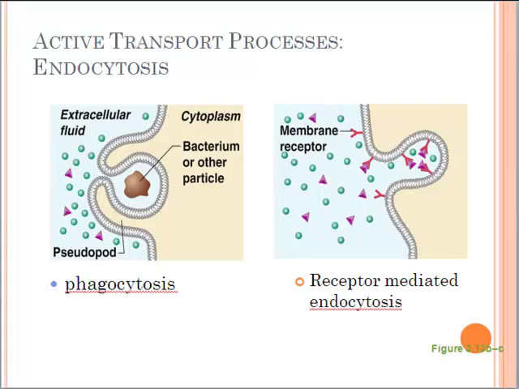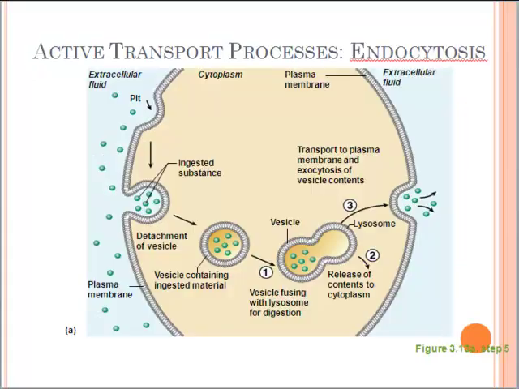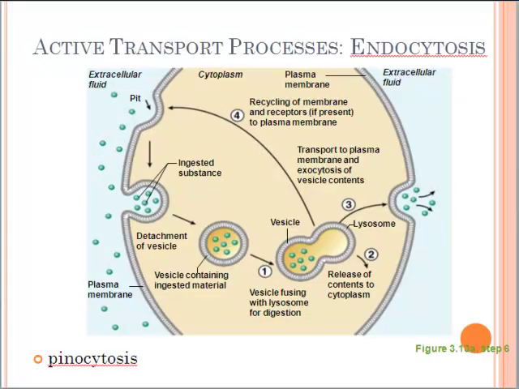And then finally, you can get rid of the parts that you don't want and send them back outside the cell in a type of exocytosis. And then the parts of the vesicle can then return to the plasma membrane and be used again.